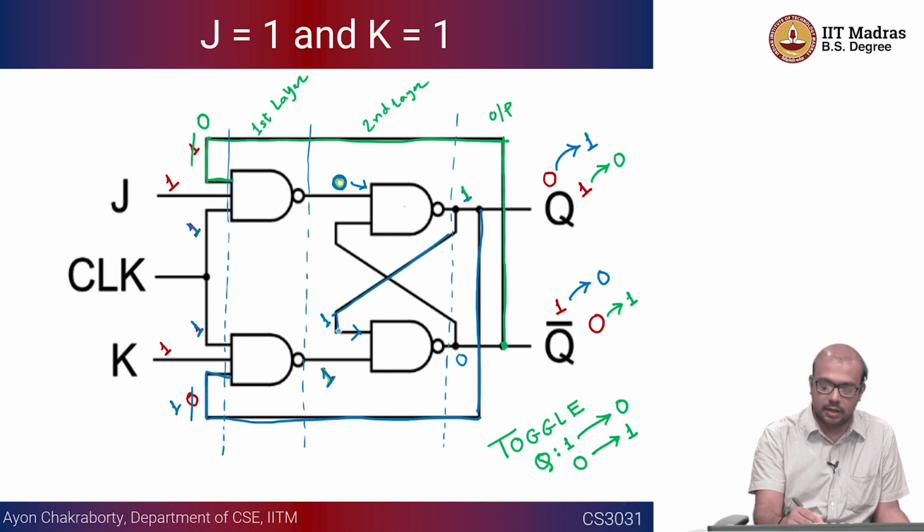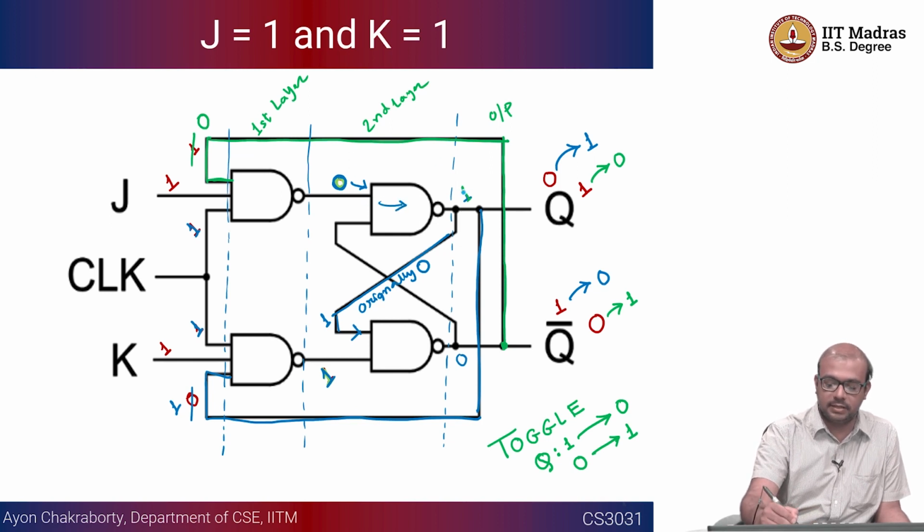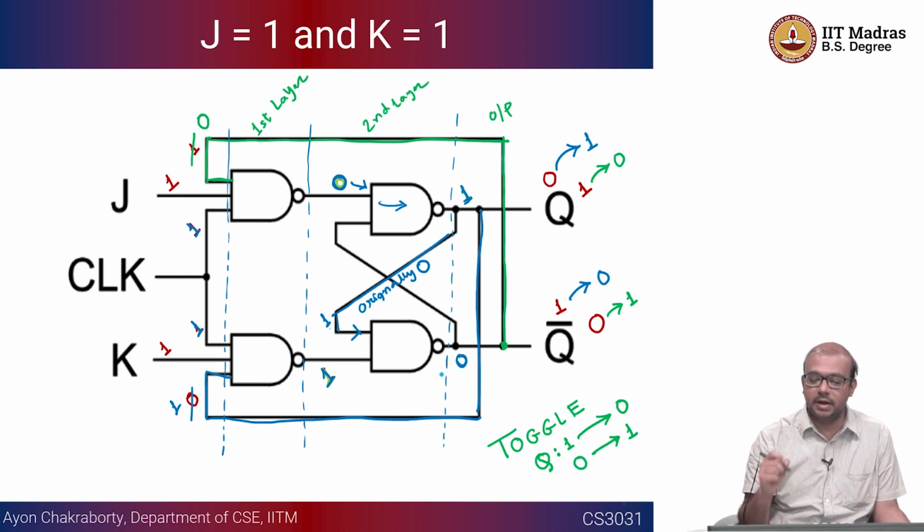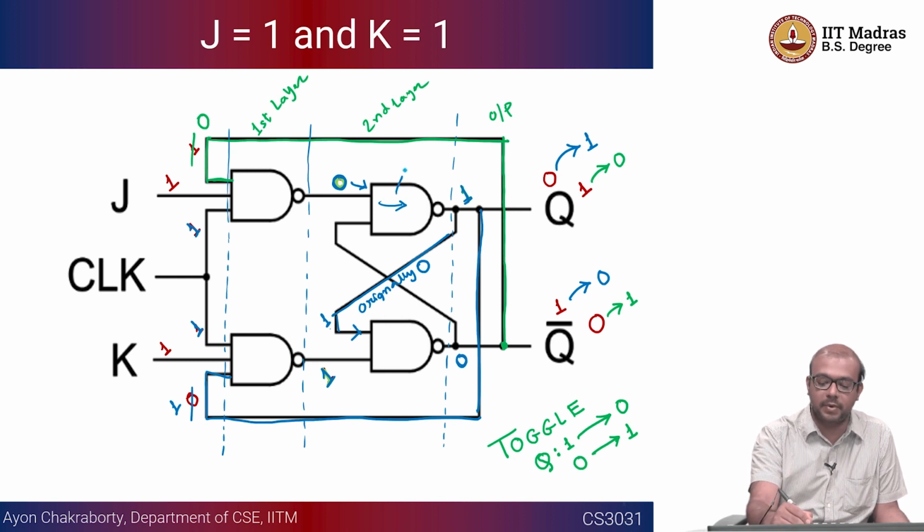Originally this was 0, right? Because of this particular NAND gate, this has become 1, and then only this 1.1 is 1 and the NOT is 0, that is why it is 0. So it is inherently dependent on whether you are actually looking at the original value 0 or the value that has been computed by this top NAND gate, right?